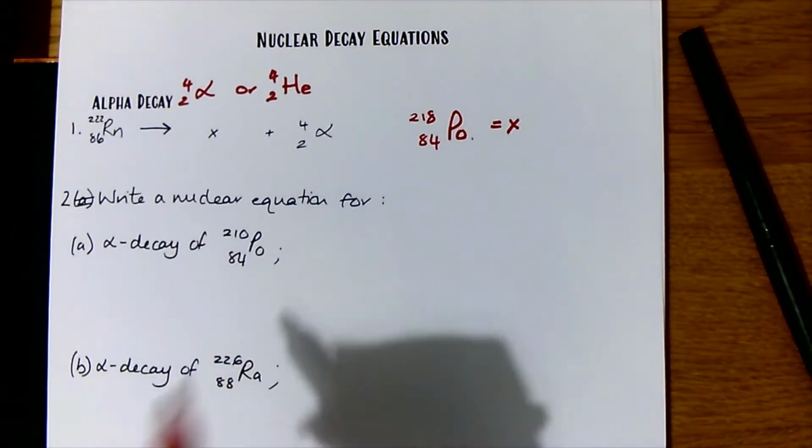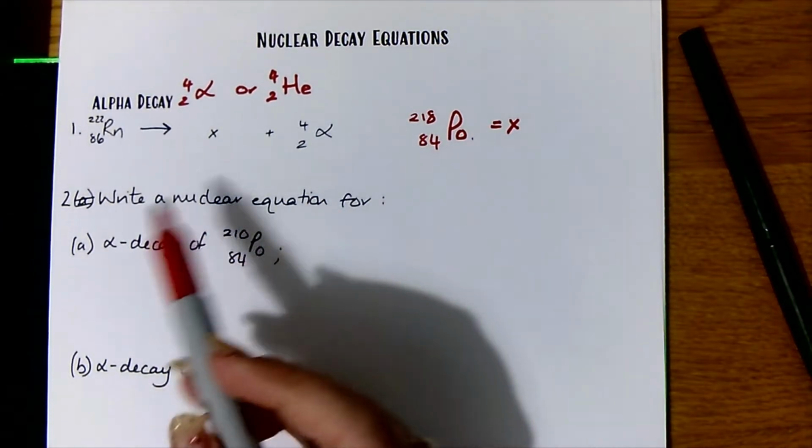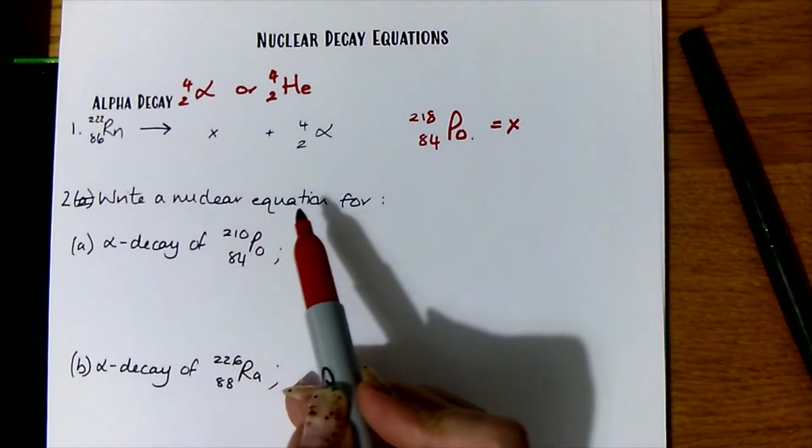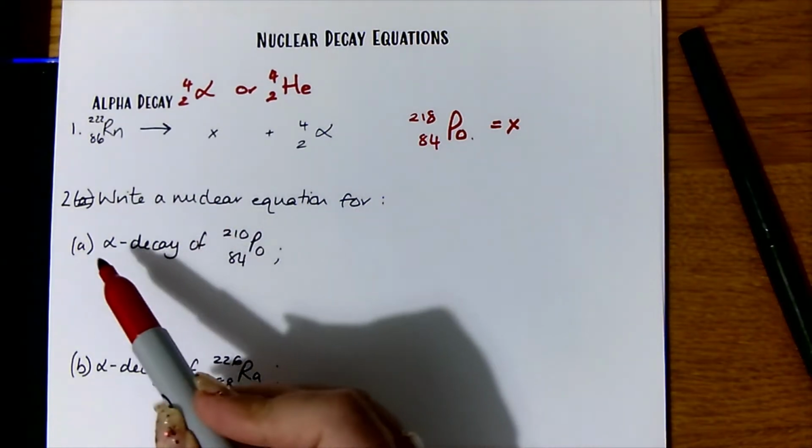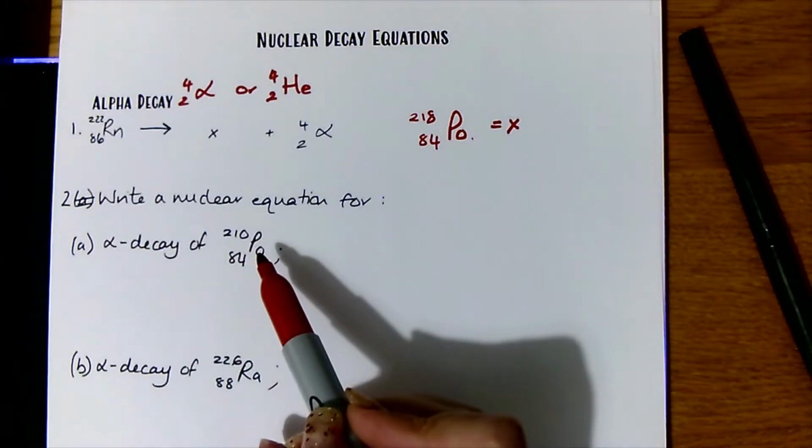Here is a different way these questions might be phrased for you. You might be asked to write a nuclear equation for the alpha decay of a species. Here we have the alpha decay of polonium 210.